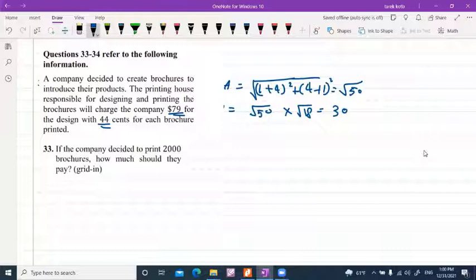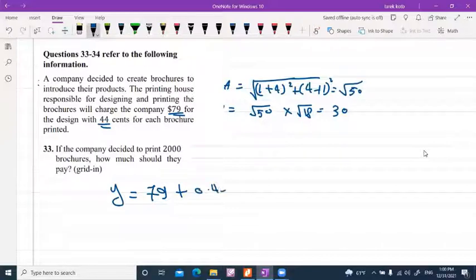That means if I want to make an equation, this equation will be y equals 79, a fixed number, plus 44 cents, means 0.44x, x representing the number of printing.